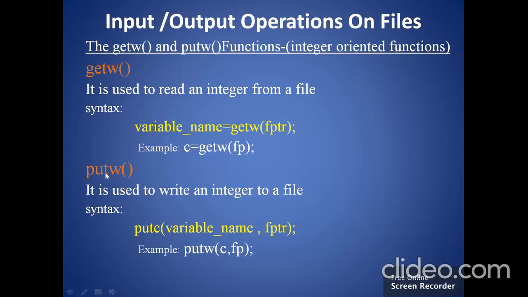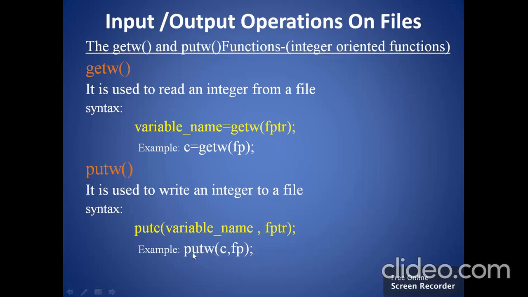Then next we go to the putw function. It is used to write an integer to a file. Its syntax is putw. Inside the bracket, we will have variable name, then a comma, and after that fptr, then put the semicolon. For understanding this, we will use an example, that is putw C comma fp, then we will put the semicolon.